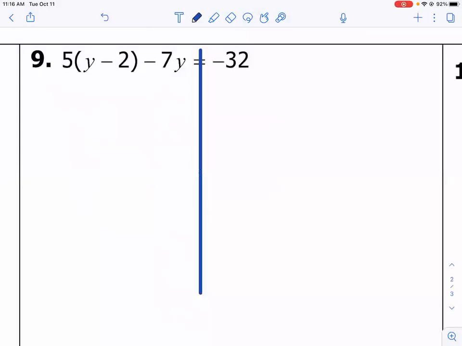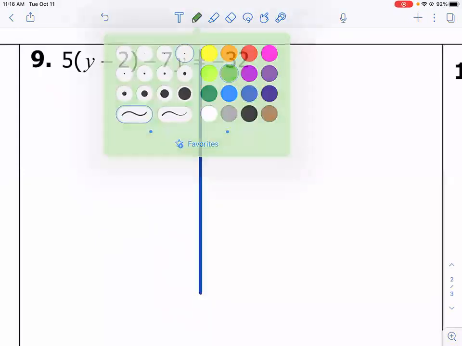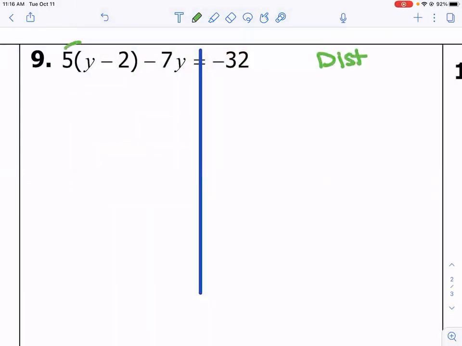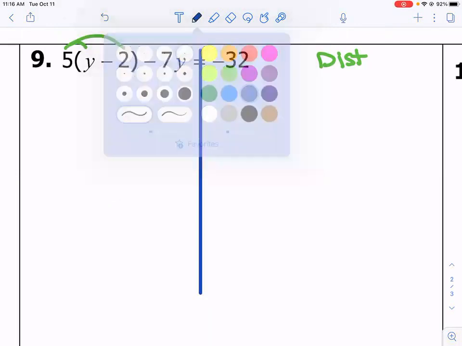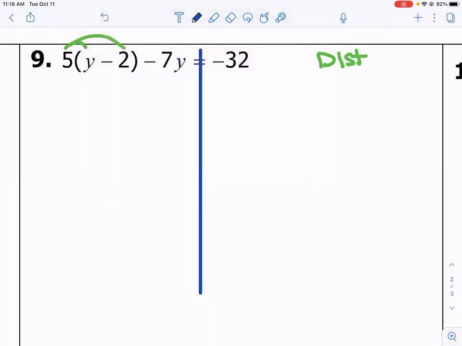It's gonna be so exciting. Okay, so the first thing we're gonna do is we're going to distribute. That 5 needs to be distributed. Okay, and when we distribute the 5 to that y minus 2, we are going to get 5y minus 10, but we still have this minus 7y.